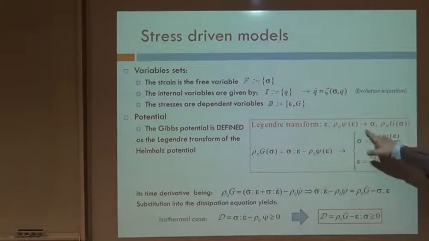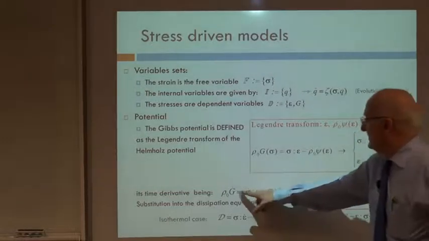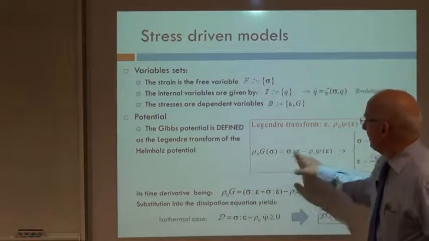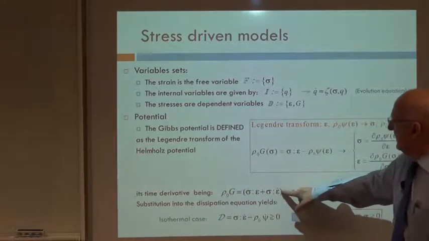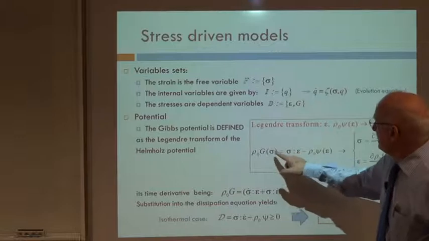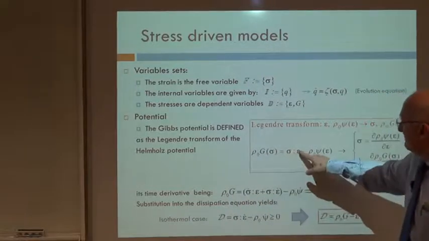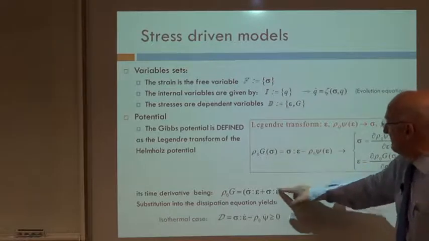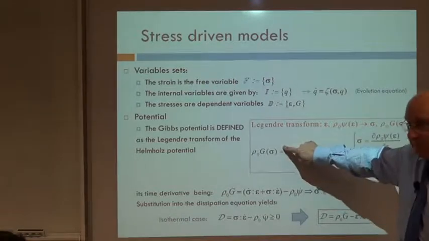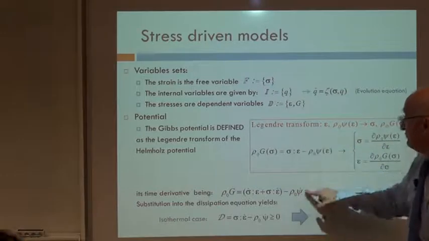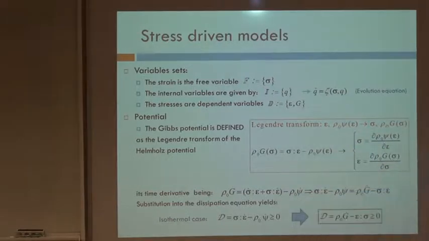This is the function, and we can take derivatives here. By differentiation with respect to time, rho 0 g dot equals sigma dot times epsilon plus sigma times epsilon dot, the differentiation with respect to time of this product, minus rho 0 phi dot. Don't forget that rho 0 is constant because we are in the small strain range, where density is constant.